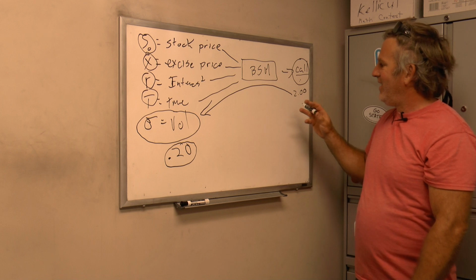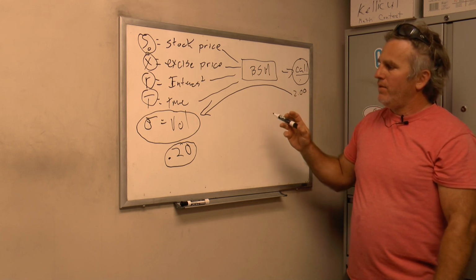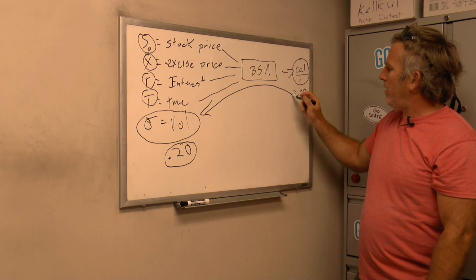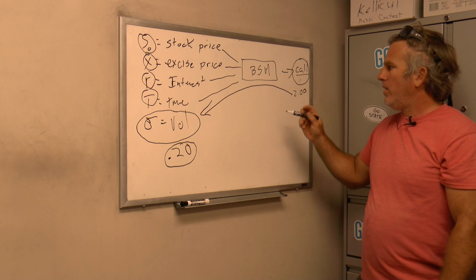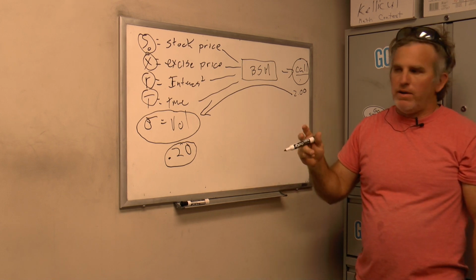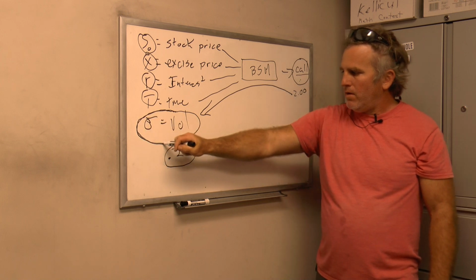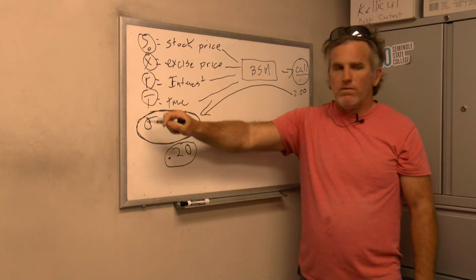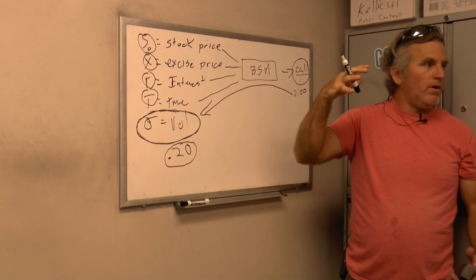Yeah, so the idea is that when you're trading options, you're not necessarily just betting on the direction of price. You're also taking a position on volatility. Volatility goes up, the price of the options goes up.